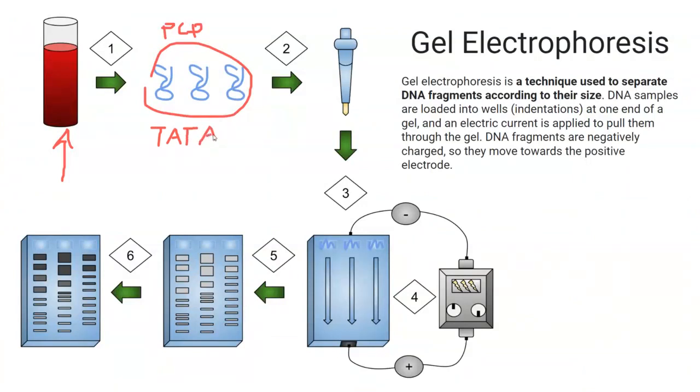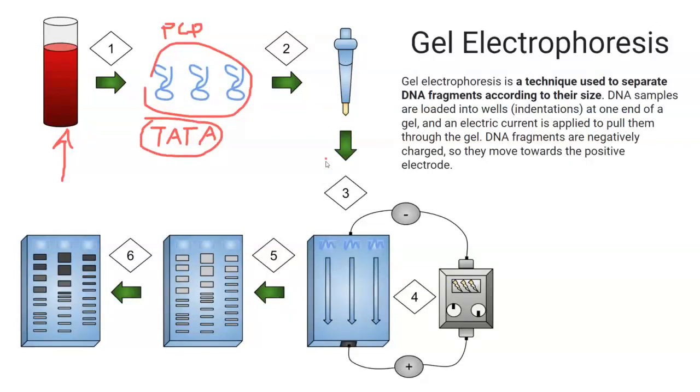This is important because it means that we have reliable, regular sized pieces. Each gene is going to be cut at the same place. So if we have really long genes or really short genes, they're all going to be separated because the splicing will happen at the promoter, at the Tata box.